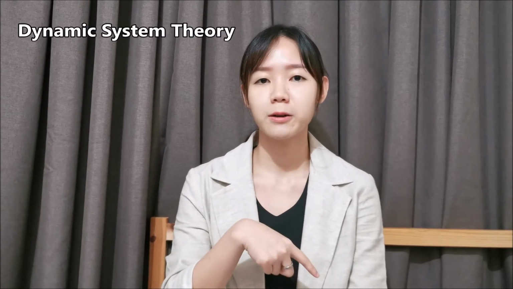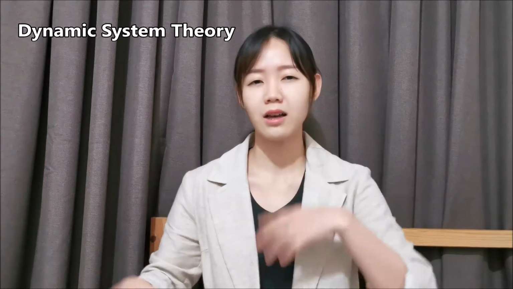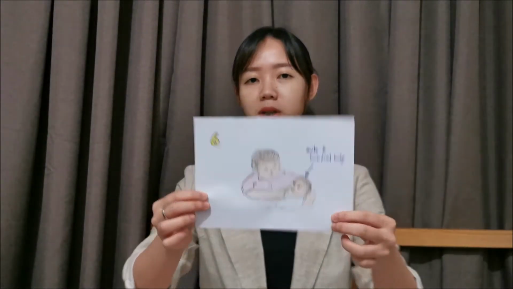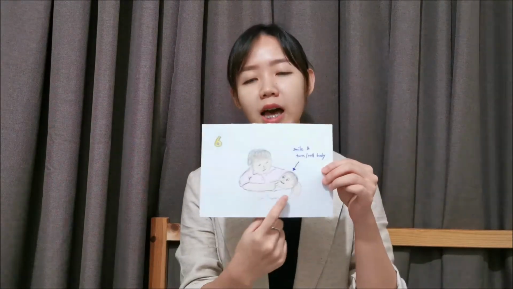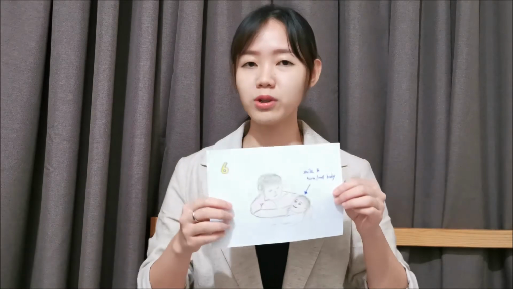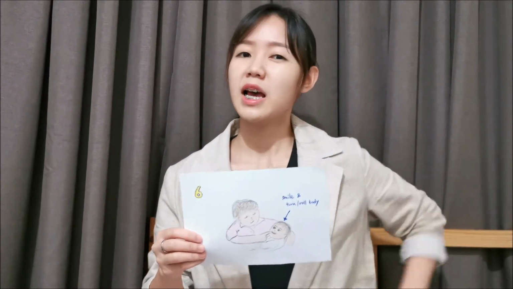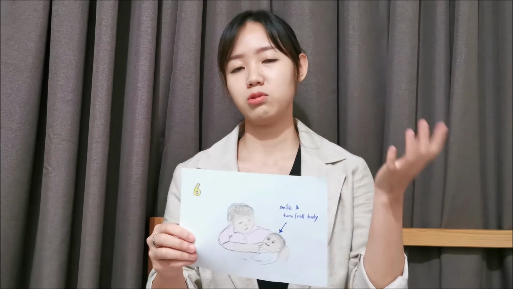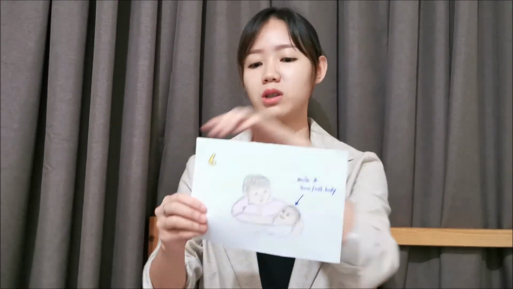Alright, so in talking about this, I'll introduce another theory, which is the dynamic system theory, which means that we have to combine lots of actions to do one complicated action. So one example is this: to make a rollover, as shown by this kid, he has to turn his head and twist the upper body, alright, and stretch his arm in order to twist or roll his body towards the caregiver.